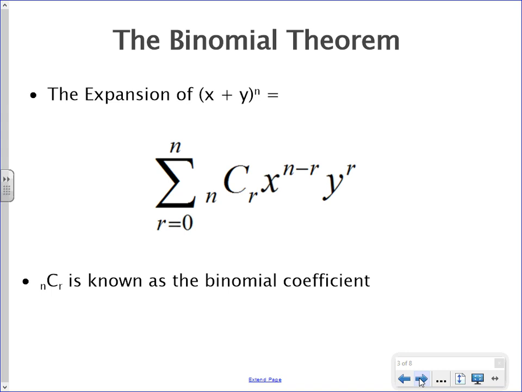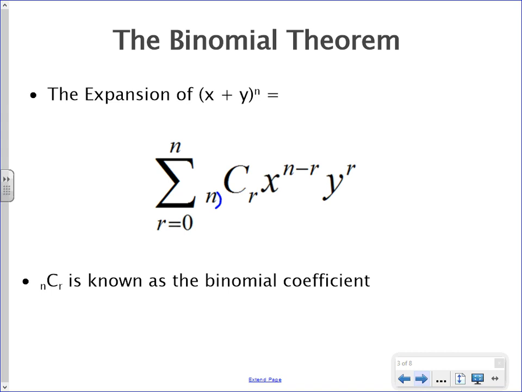Okay, so if this were to the 5th power, we'd start here with 5 combinations of 0. And then x to the 5th, y to the 0. And then our next term, we would move to 5 combinations of 1, x to the 4th, y to the 1. And then 5 combinations of 2, x to the 3rd, y to the 2nd, etc., etc. Okay?